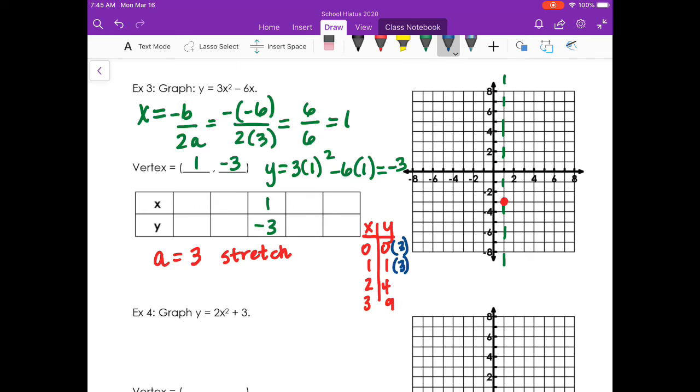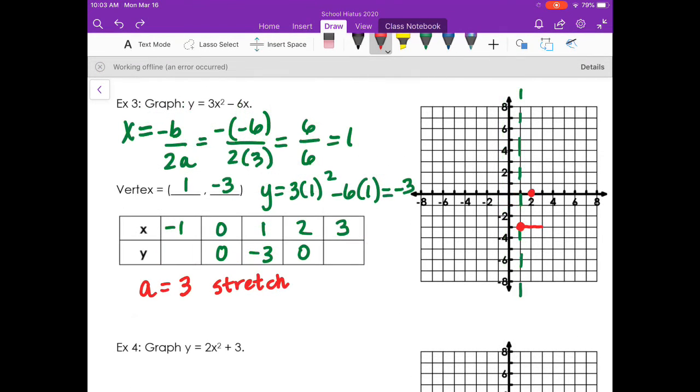So as I begin plotting, the y values are going to go up 3 times as much. So as I move to the right from the vertex 1 unit, I'm going to go up 3 units. And as I move to the right 2 units, I'm going to go up 12 units. Then we'll reflect both of these points to the other side of the axis of symmetry to complete the graph.